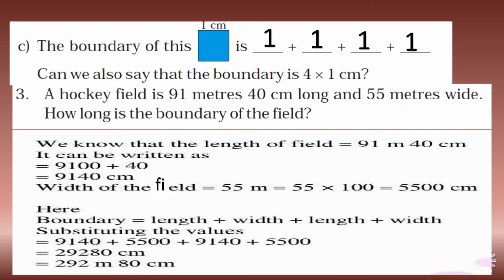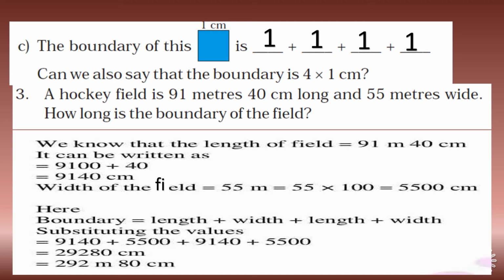So we can write it as 9100 plus 40, that is equal to 9140 centimeter. The width of the field is 55 meter, that is 55 multiplied by 100, which is 5500 centimeter.